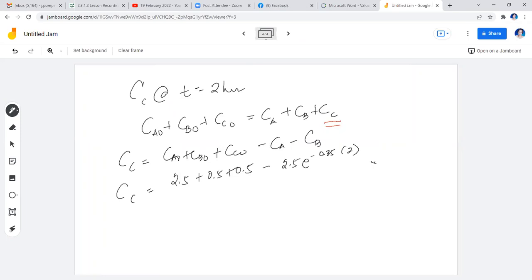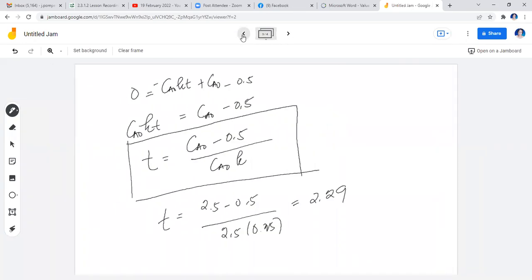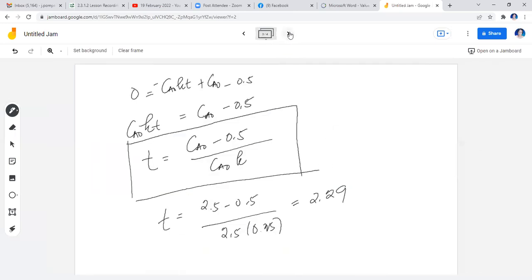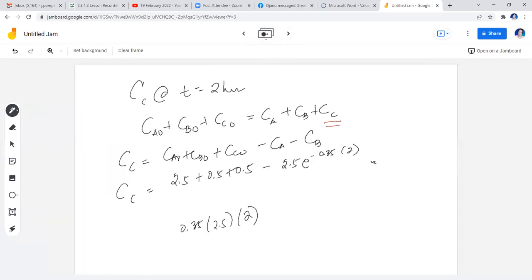I'll write it here below. 0.35 times 2.5, k CaO T, times 2, e raised to negative kT. E raised to negative 0.35 times 2.